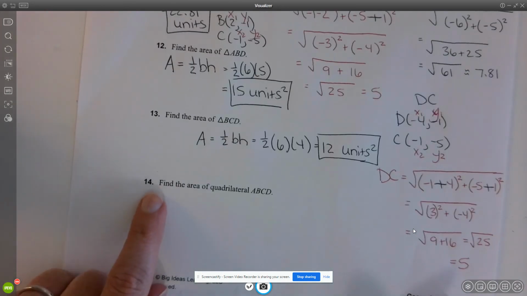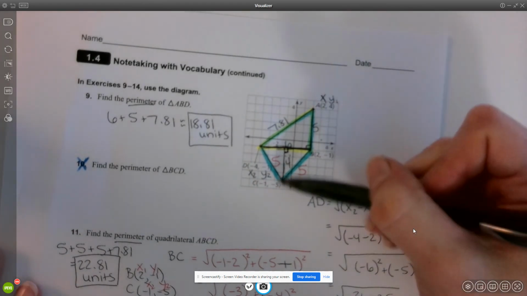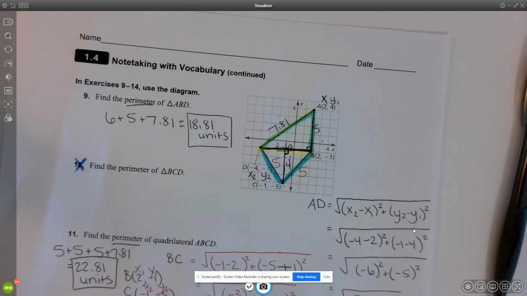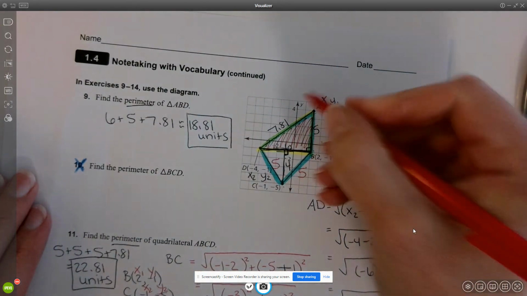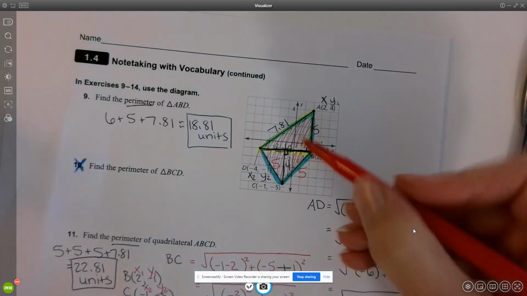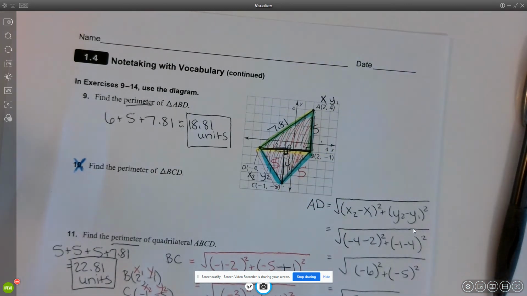And number 14, find the area of quadrilateral ABCD. So this quadrilateral is not a rectangle, so I can't use the area formula for a rectangle. But remember, the area of a shape is the space inside. We have already found the area of this triangle, and we've already found the area of this triangle. So you'll notice together they add to make the total area of the quadrilateral.